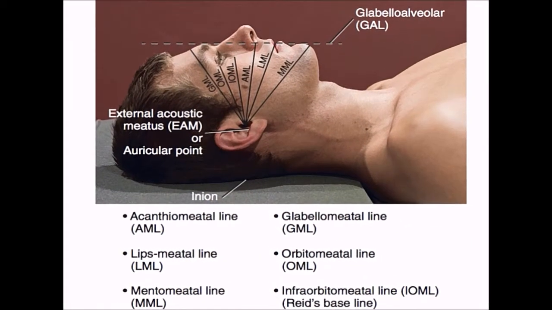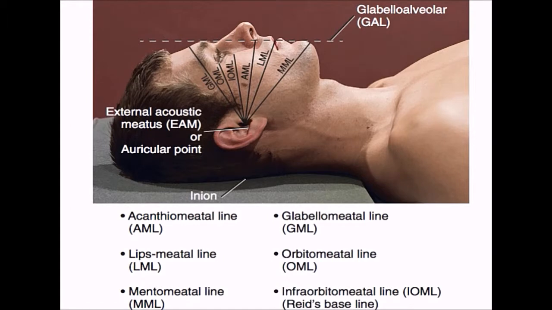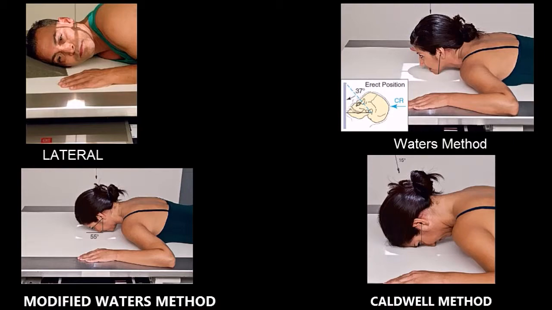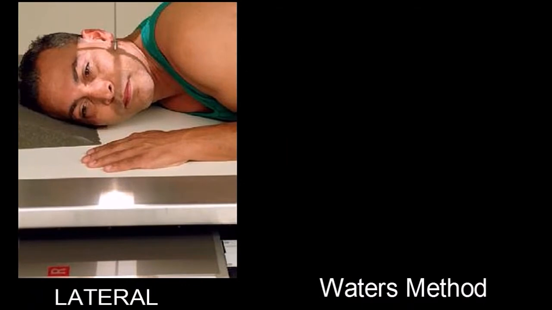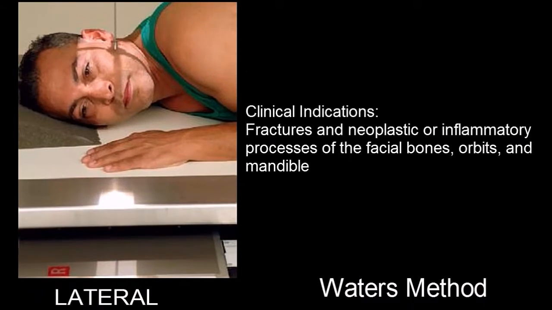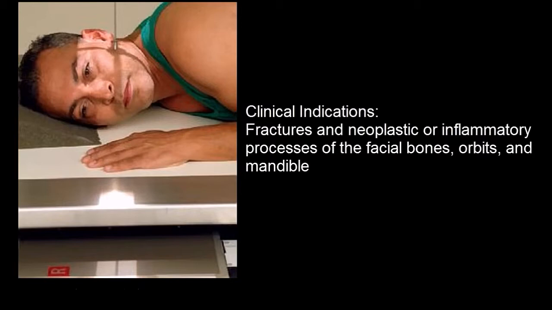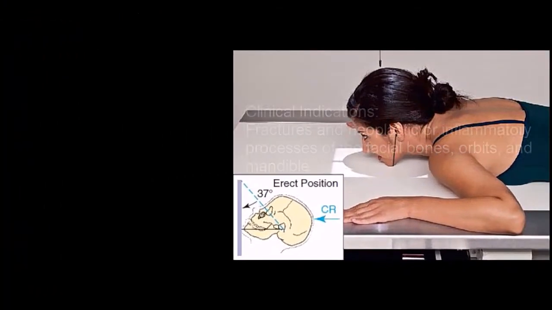Positioning lines: acanthomeatal line, lips-meatal line, mentomeatal line, glabellomeatal line, orbitomeatal line, infraorbitomeatal line. We will demonstrate the following positions. Lateral position. Clinical indications: fractures and neoplastic or inflammatory processes of the facial bones, orbits, and mandible.